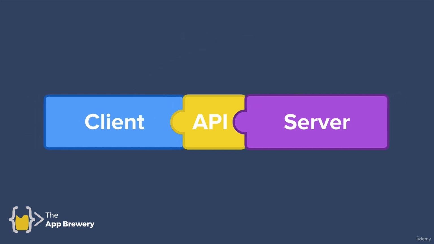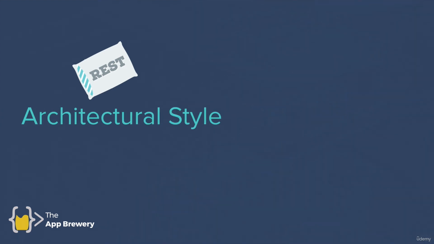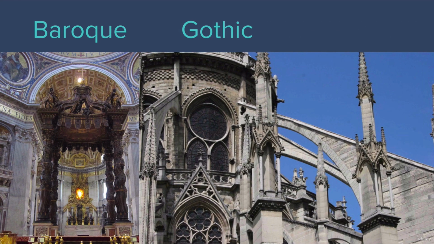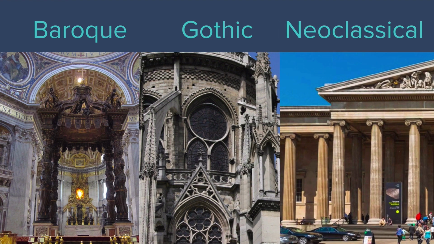So now that we understand all three components, what does it mean to make our API RESTful? Well, REST is essentially just an architectural style. Just as you have different buildings that have different architectural styles, for example, the Baroque architectural style with the nice arches, or other buildings might be built in the Gothic architectural style with flying buttresses and these imposing beams. And my favorite, the neoclassical, have these incredibly geometric shapes and columns that really remind you of old Greek architecture.